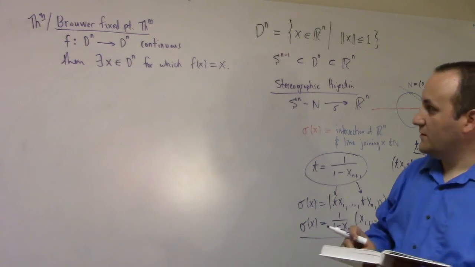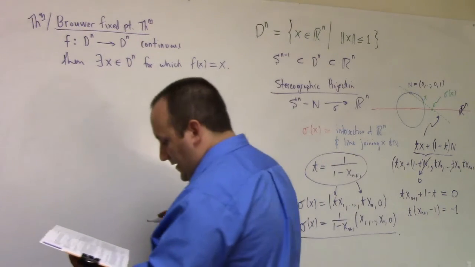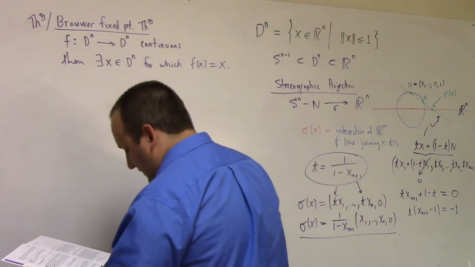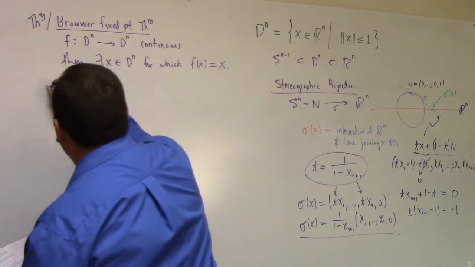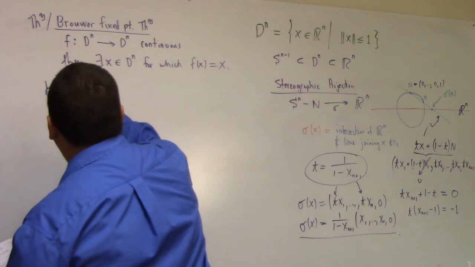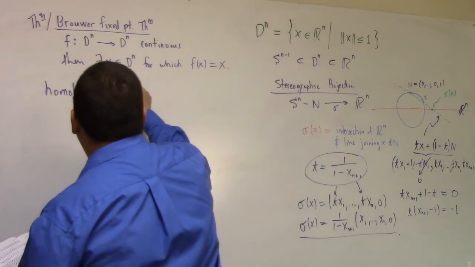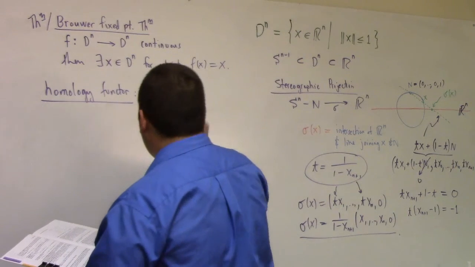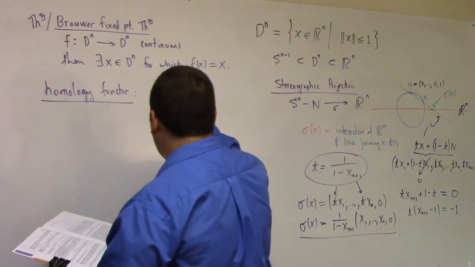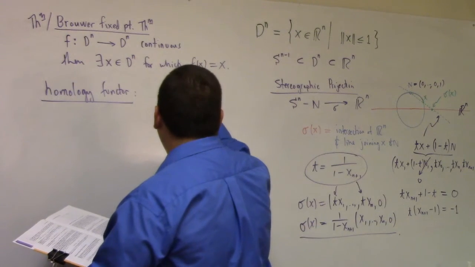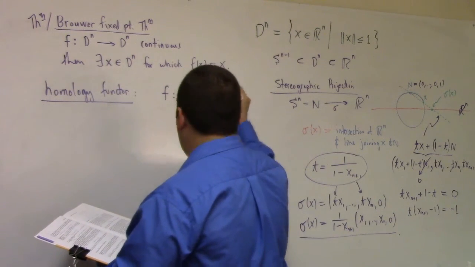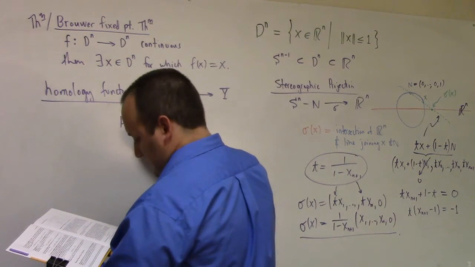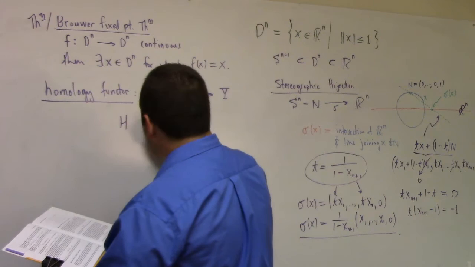Anyway, so here's how this goes. Basically, you're able to use the homology functor. So what's a homology functor? Essentially it's this. If I have a continuous function f from a topological space X to a topological space Y, the homology functor allows me to do this.